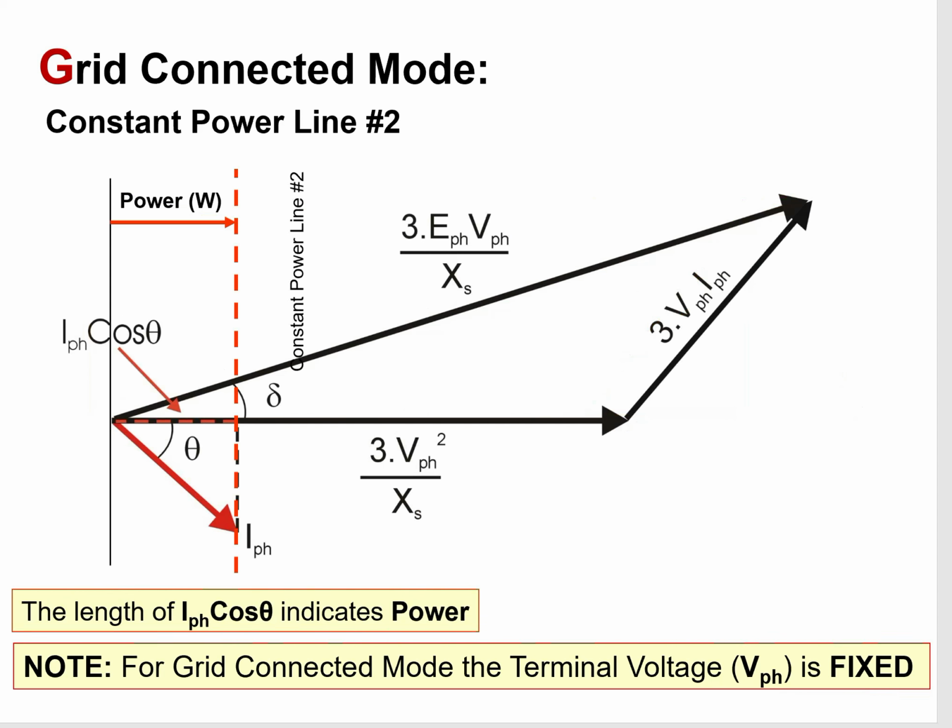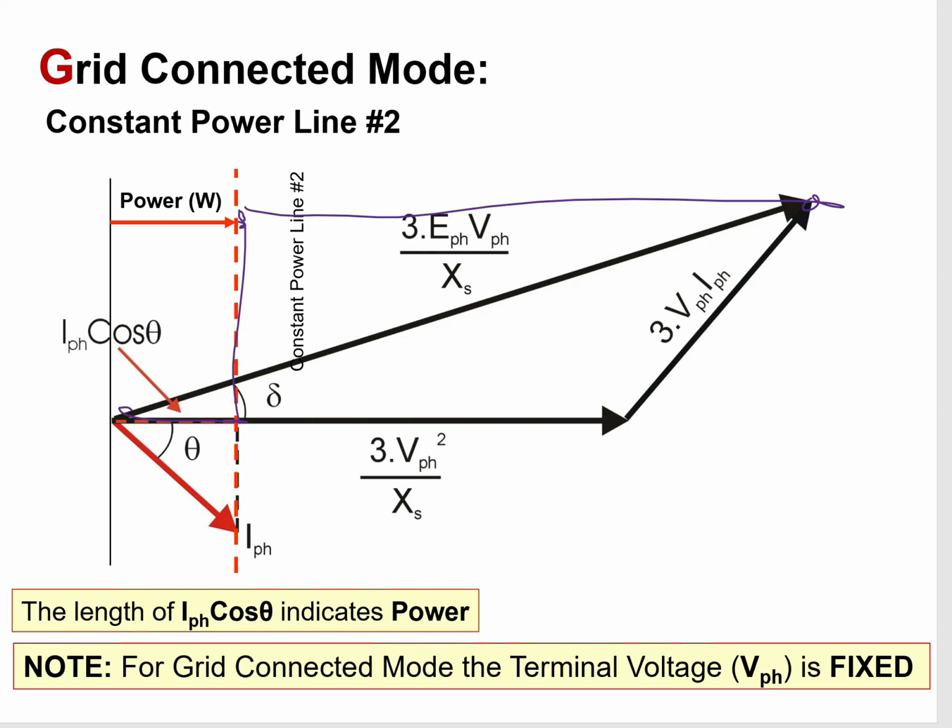And if we actually take the value of the product of multiplying the current phase by the power factor, we will also get this, which will indicate the power. So this is the magnitude of the power, and here, if we extend it, it will hit here.